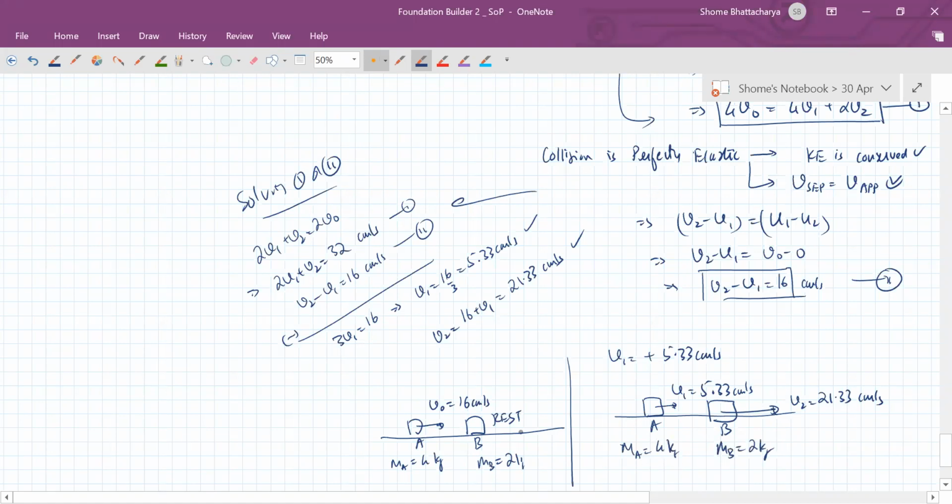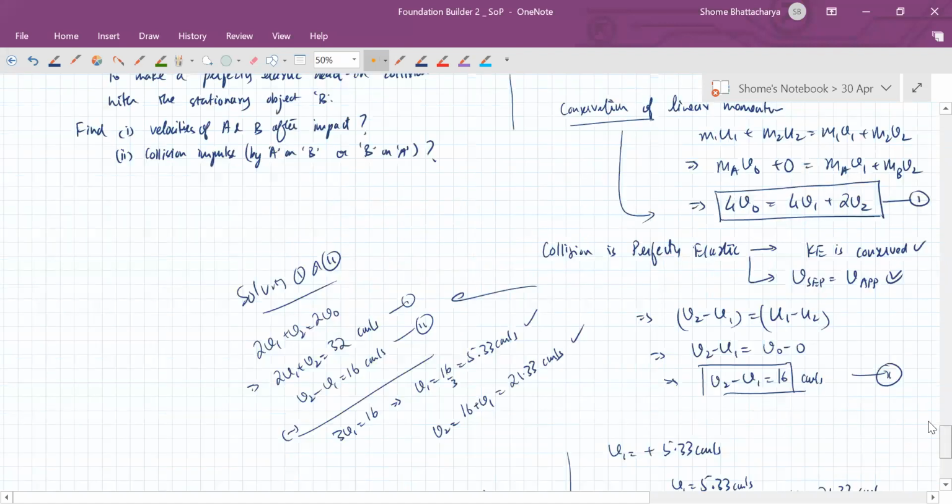And also you can see that the approach velocity is 16 because this one is at rest. And in this diagram, you can see that the separation velocity is 21.33 minus 5.33. So that's also equal to 16. So the approach velocity is equal to the separation velocity, which is what should be the case because it's a perfectly elastic collision.